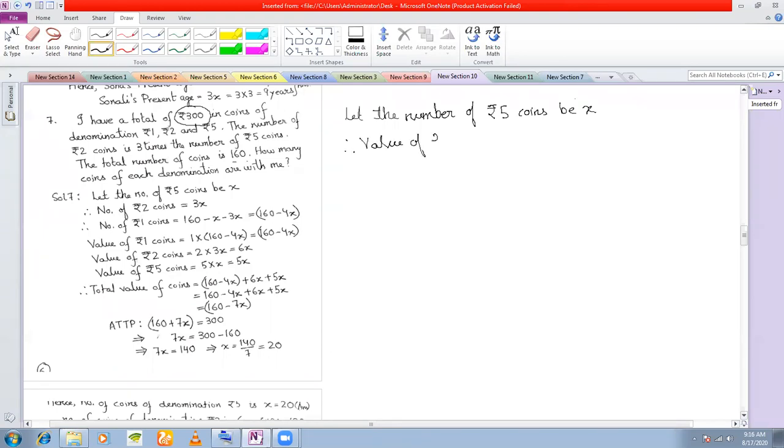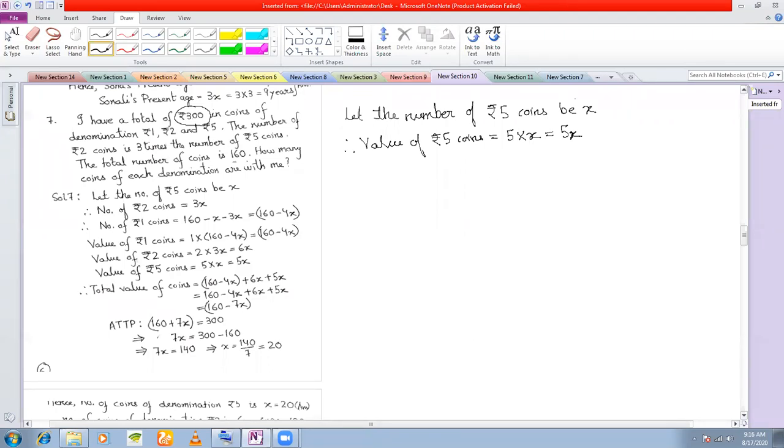The value of rupees 5 coins is 5 rupees into the number of coins. How much money do I have? I have 5x.